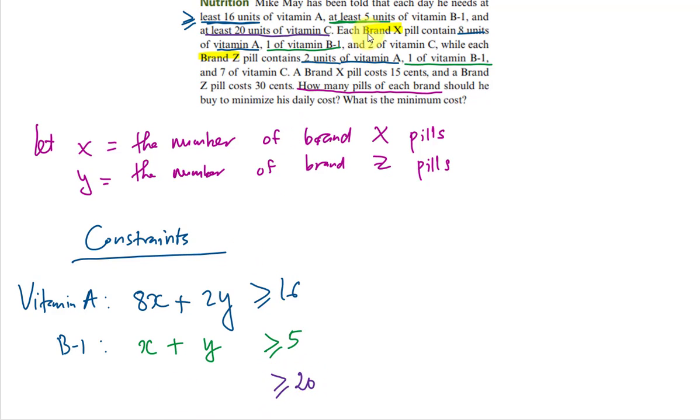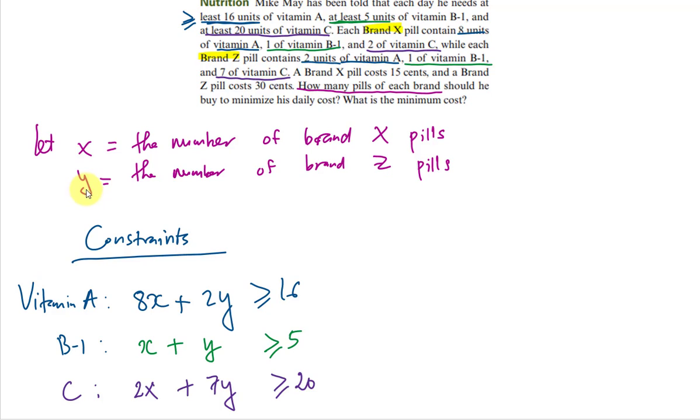From brand X, it has 2 units of vitamin C, so 2 times X. And the brand Z pills contain 7 units of vitamin C, so plus 7 times Y, because Y is the number of the brand Z pills: 2X + 7Y ≥ 20. And that is the constraint.